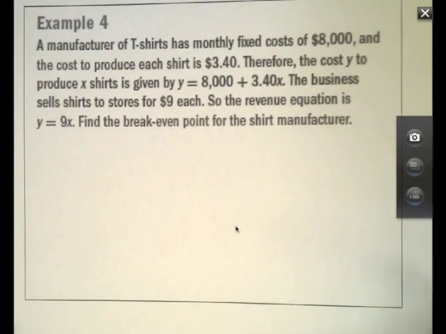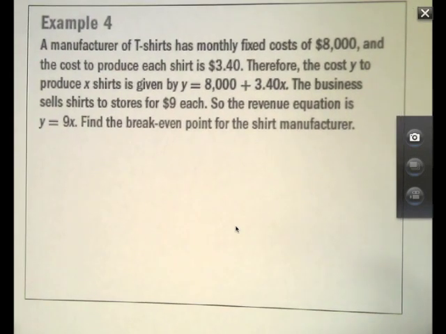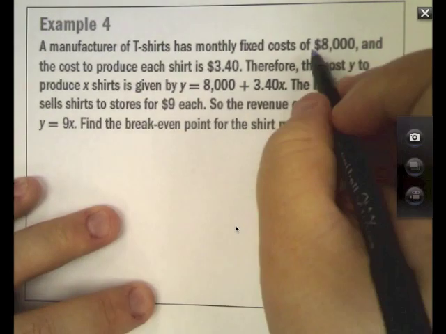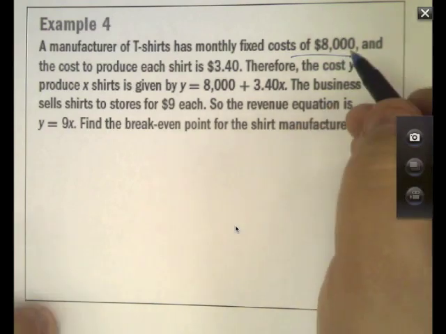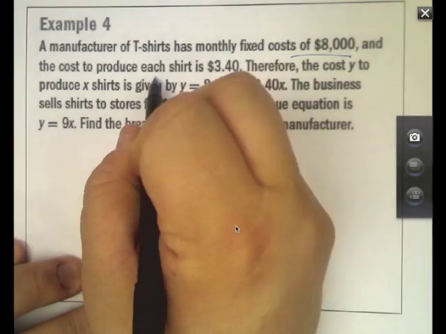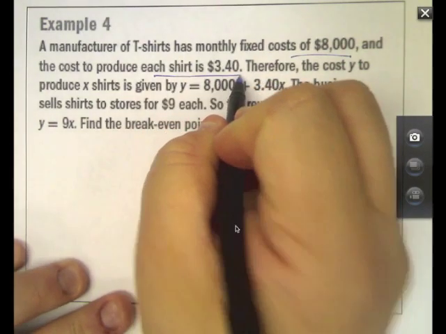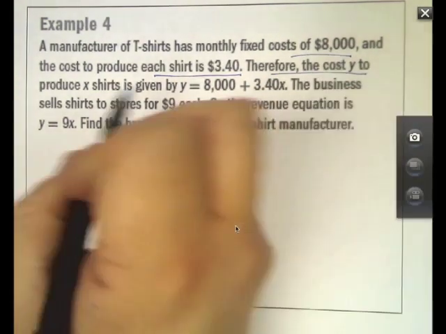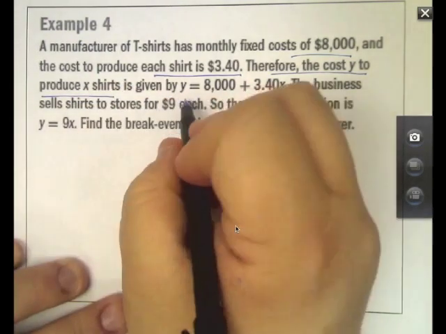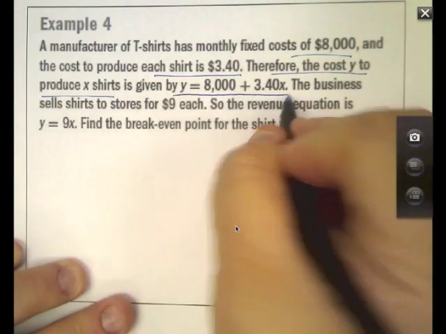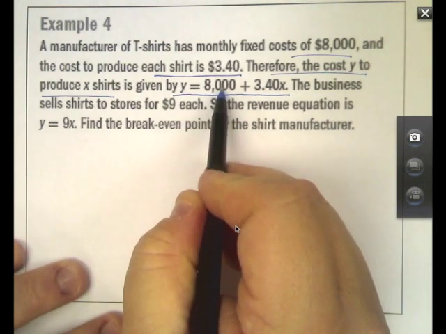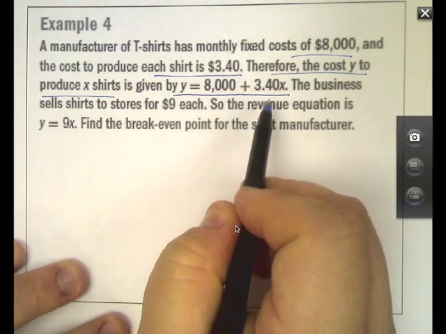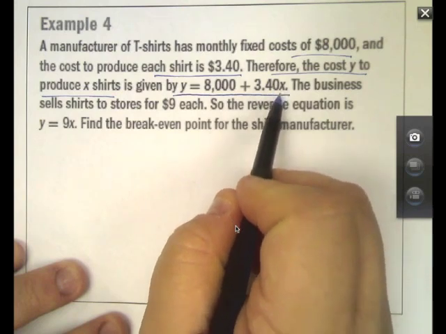A manufacturer of t-shirts, so we're making t-shirts, has fixed costs of $8,000, so it cost him $8,000, and the cost to produce each t-shirt is $3.40. Therefore, the cost Y to produce X t-shirts is given by Y equals $8,000 plus $3.40 times X. It cost $8,000 probably for the facilities, and then it cost $3.40 per t-shirt to make.